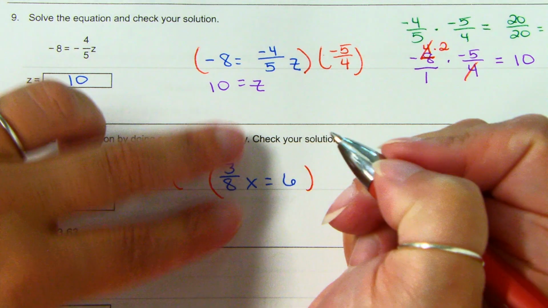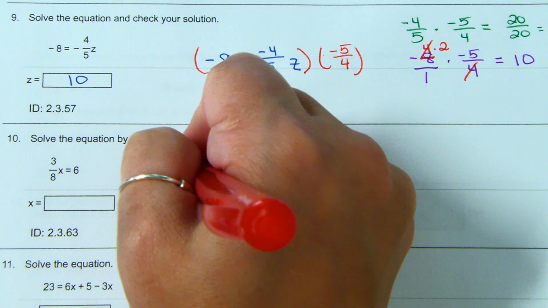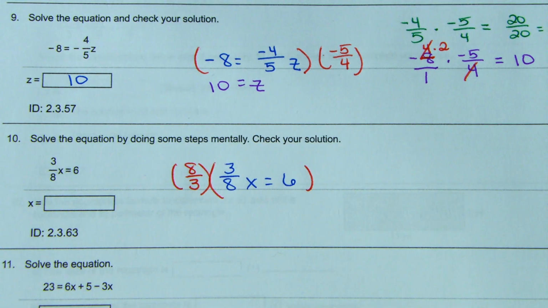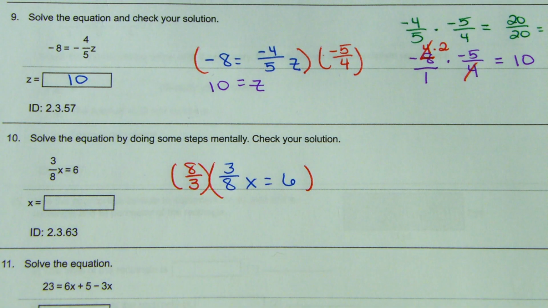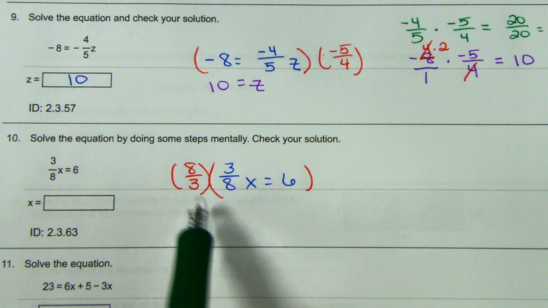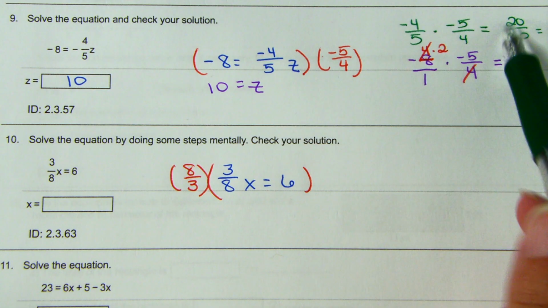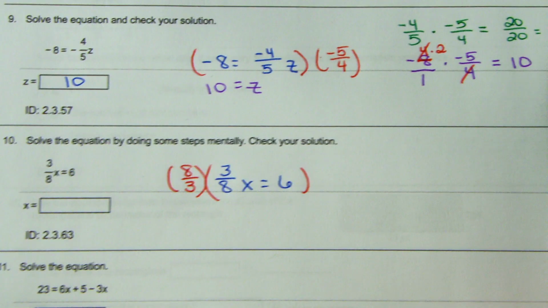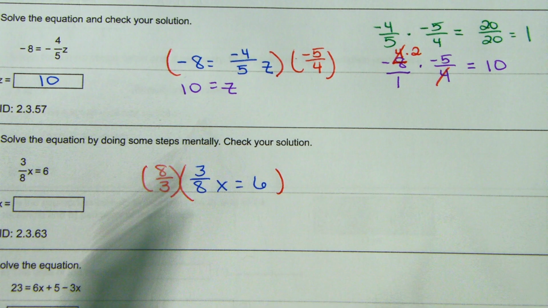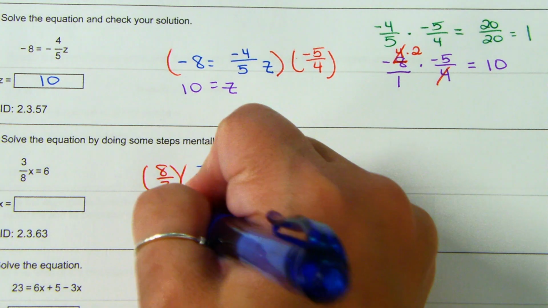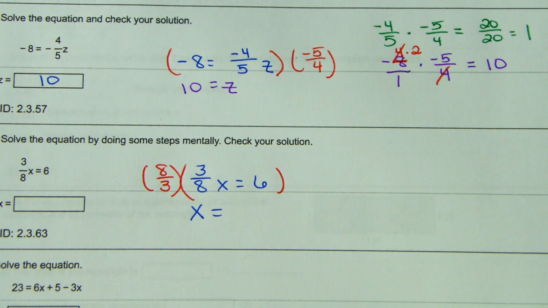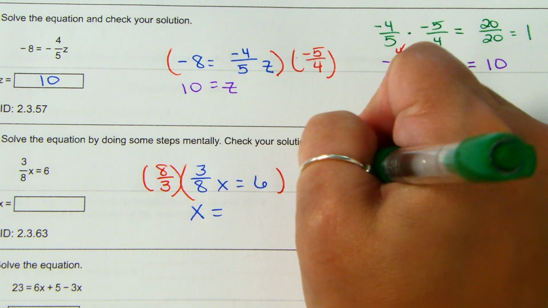So when I multiply -8 by -5/4, I get a positive 10. And on the right-hand side, we saw that my number went to 1, which was the whole point. So I get z equals 10. And again, you can check these by plugging them back in like we did on the previous problems, and we can check to make sure it works.